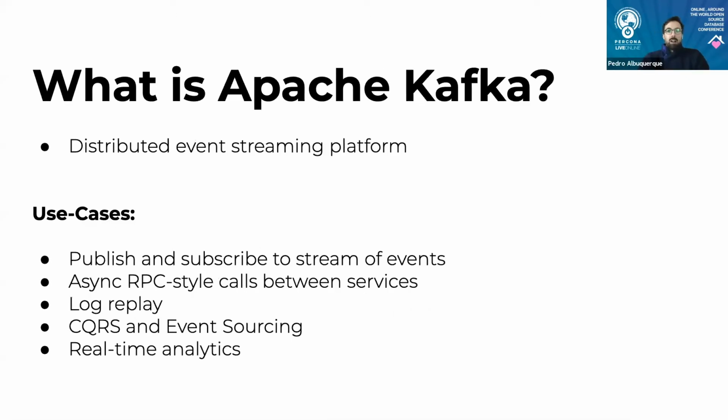On the other hand, Kafka is a distributed, low latency, high throughput, and fault-tolerant event streaming platform, and it is used to store streams of events durably and reliably. It's also a publish-subscribe messaging platform. At its foundation lies an immutable commit log, and from there, anyone can subscribe to it and publish data to any number of systems or real-time applications. Some services can use it for asynchronous remote procedure style calls between services.